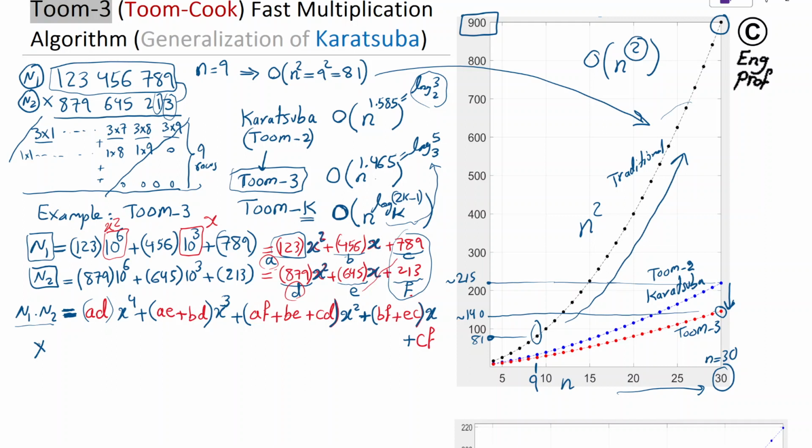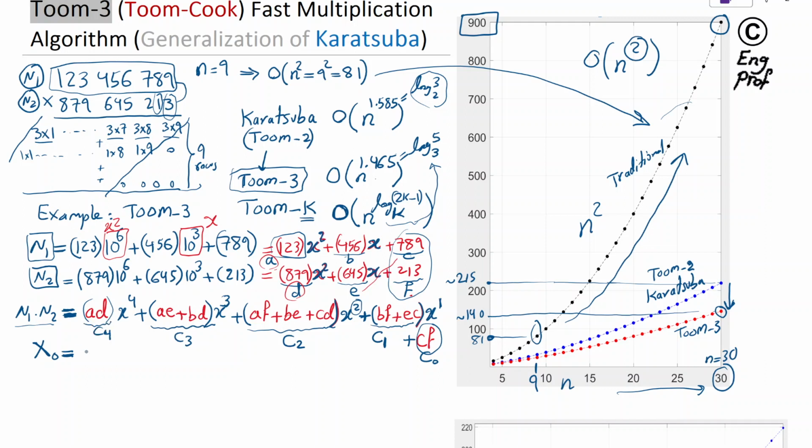So let's name these coefficients. Let's name CF as coefficient C0. Let's name BF plus EC as coefficient C1, corresponding to x to the power 1. Let's name this one here as C2, corresponding to x to the power 2. Let's name this one as C3, corresponding to x to the power 3. And the last one here, AD, as C4.